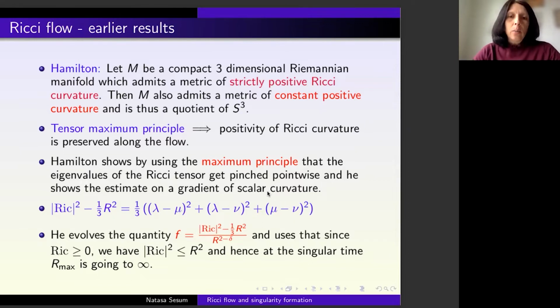And then what he did, actually, he proved a maximum principle which involves this quantity, which tells you somehow how these eigenvalues get pinched to each other as you approach the singular time, basically. So what he considered was this quantity F, which is in red, which is |Ric|^2 minus 1/3 R^2 over R^(2-δ) for some δ bigger than 0.